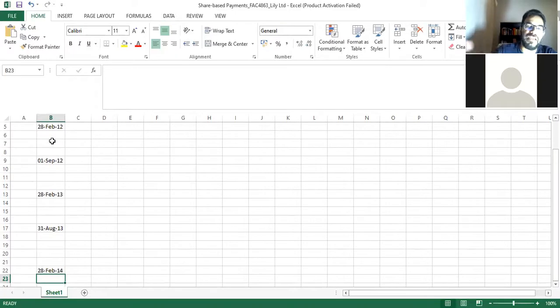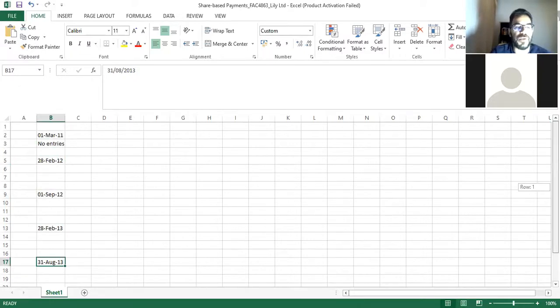So every year end, something will happen. And you must just take note if anything happened during the financial year, like, for example, 1 September and 31 August. So on 1 March 2011, nothing to worry about.